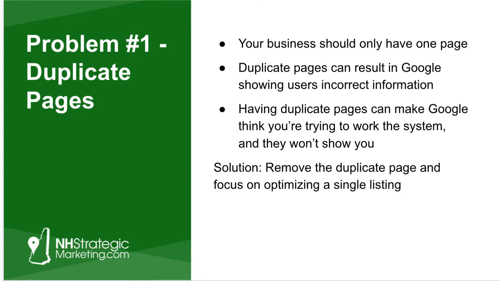Duplicate pages can result in Google showing users incorrect information, but the real issue is you're just not going to rank well. If Google sees you've got duplicate Google business pages, they're not going to be super clear on who you are, what you do, the services you offer, what your hours are, et cetera, and they're less likely to show you up in the search results. And this is a big problem.